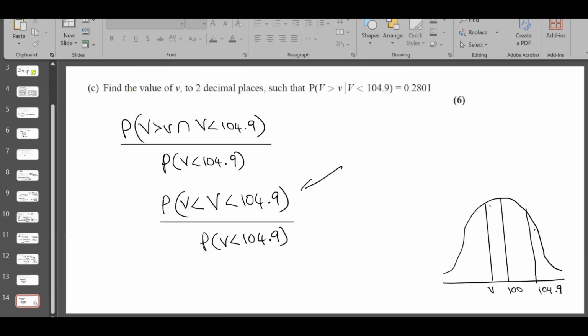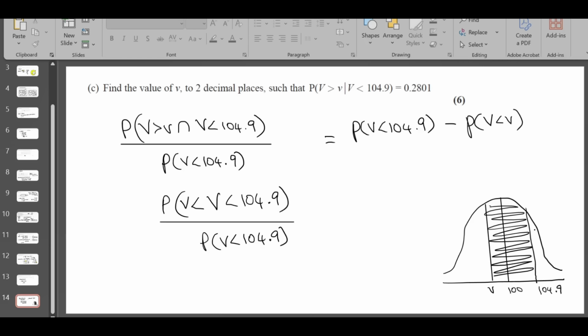So this probability is actually the area between these two values. You must have learned this in the normal distribution chapter. How to find the area between this? You take the area on the left hand side of 104.9 minus the area on the left hand side of V. P of V is less than 104.9.